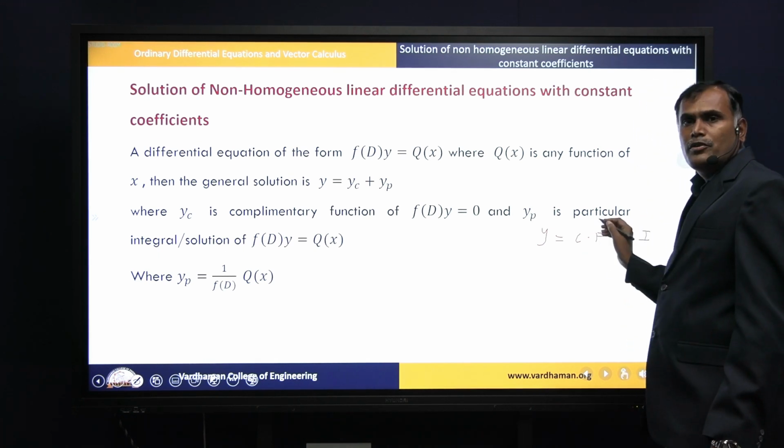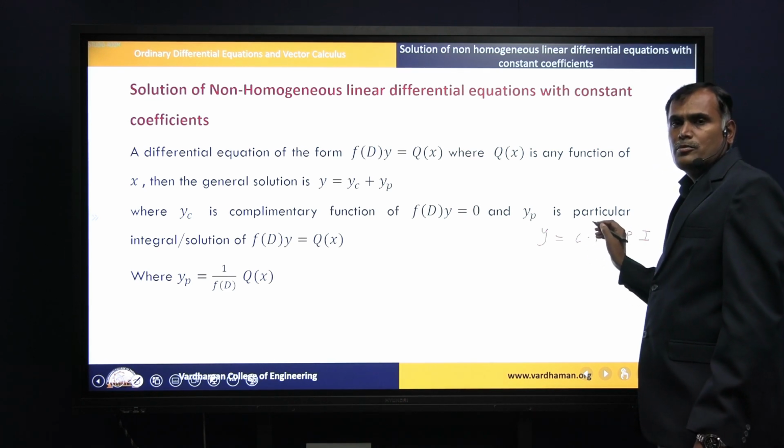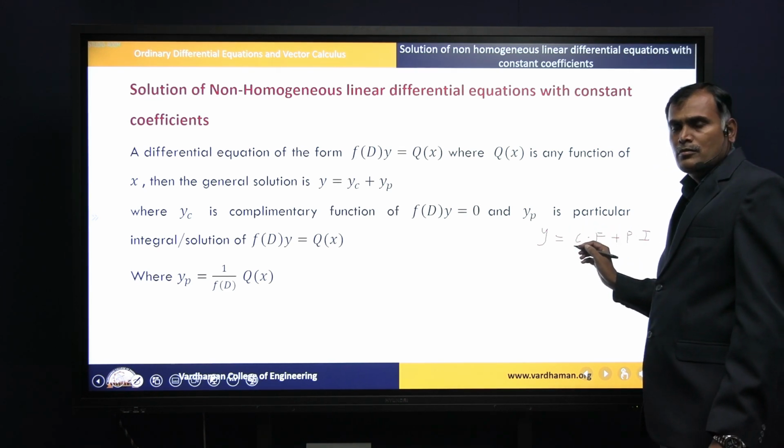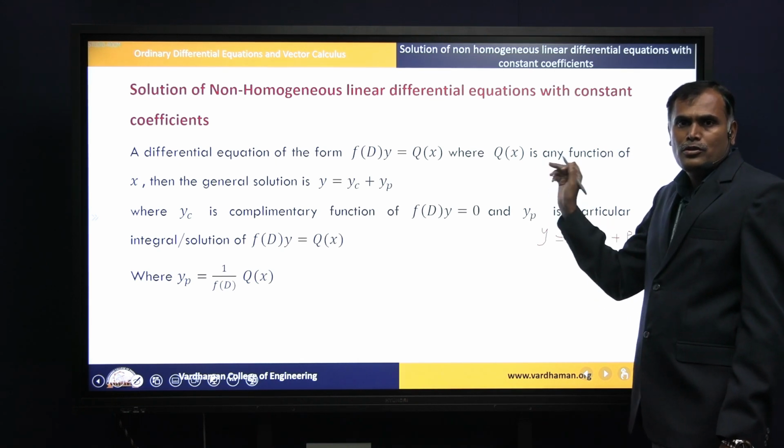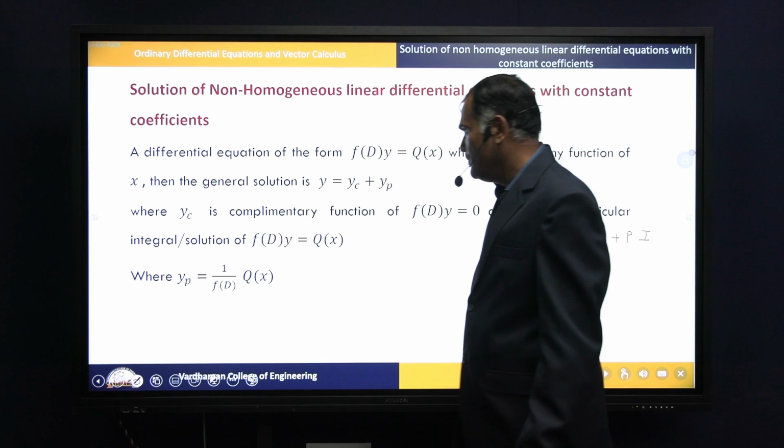In my earlier video, we discussed how to find the complementary function. Now today we are going to discuss how to find the particular integral when q is a polynomial in x.